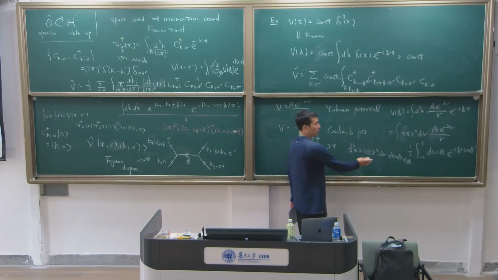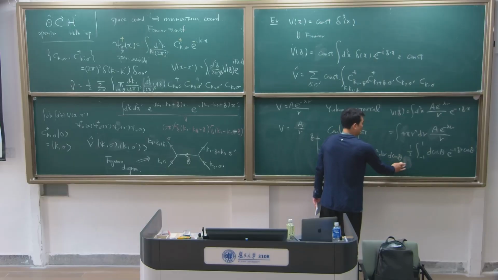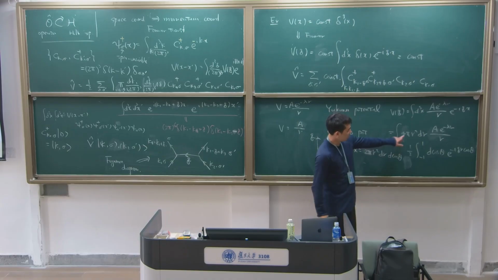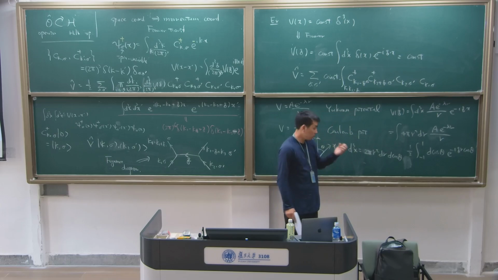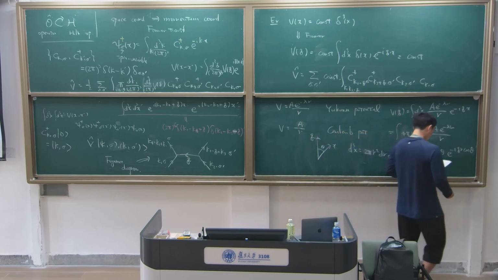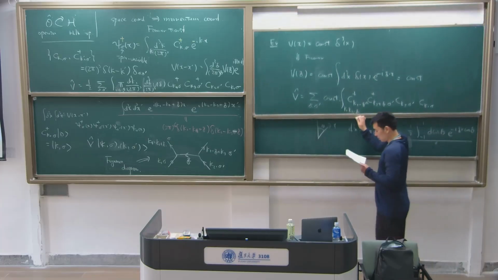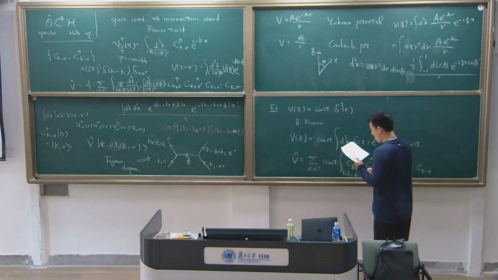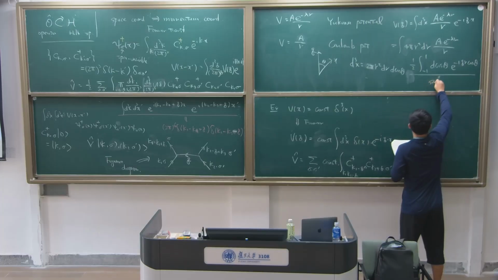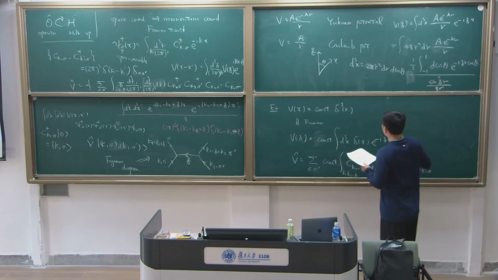So you can perform the d phi integral, and then 1 over 4 pi and the 1/2 cancel, so that you get 2 pi.